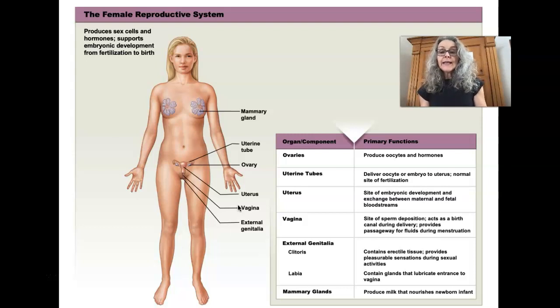The ovaries are making the eggs. The uterine tubes are carrying the eggs to the uterus. Fertilization occurs in the uterine tubes, though. Then a fertilized egg will implant into the wall of the uterus, where it will form into a fetus and eventually be given birth to after 9 months of pregnancy.